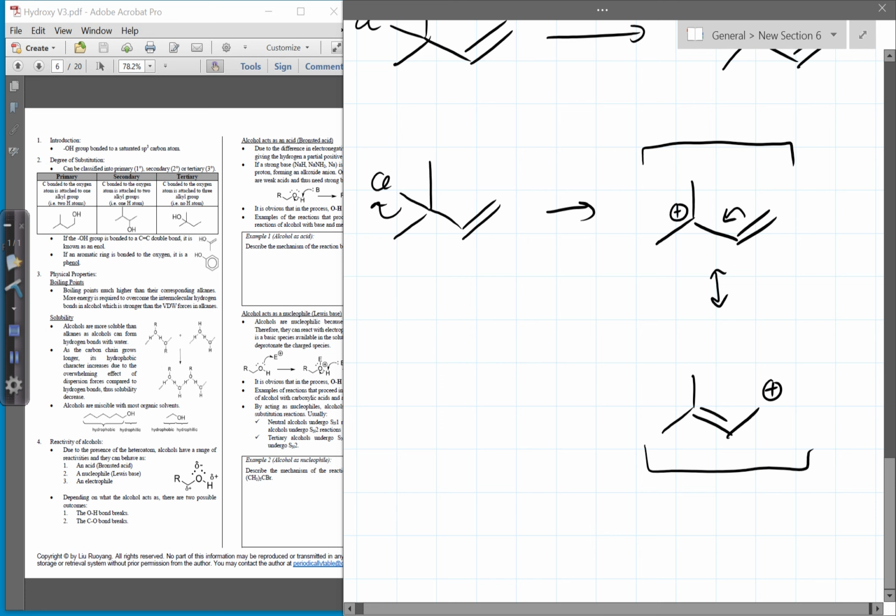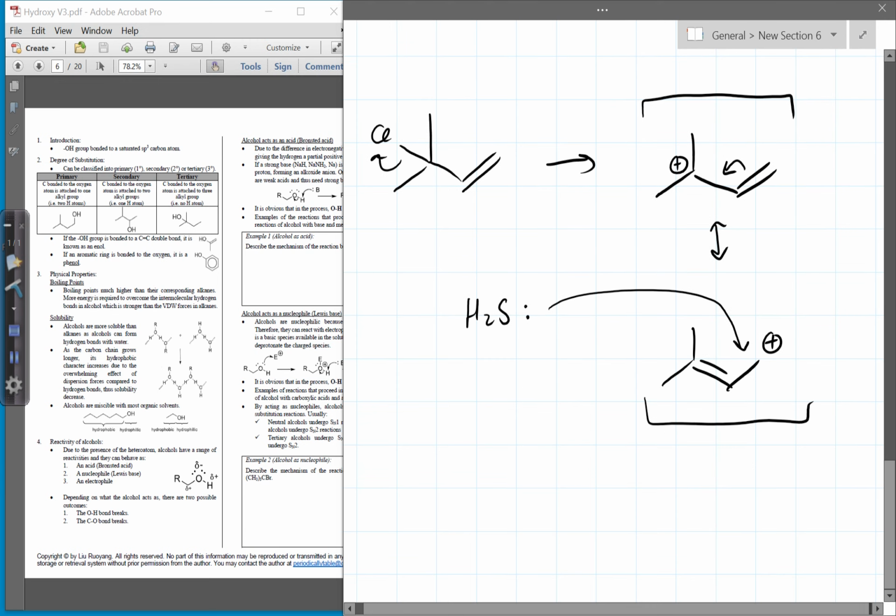Going back to this question, in order to form the final product, the only thing you can do is take your H2S, acting as a nucleophile, to attack this end instead of this end, since these two forms are in resonance.